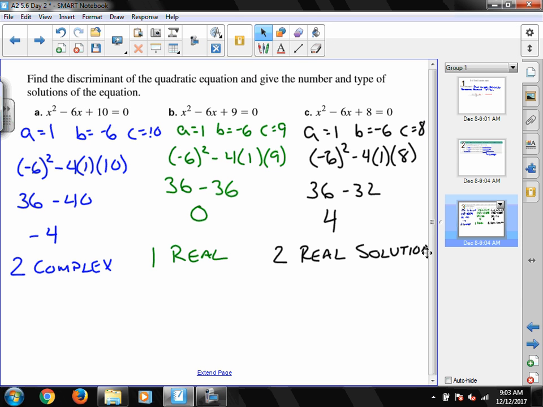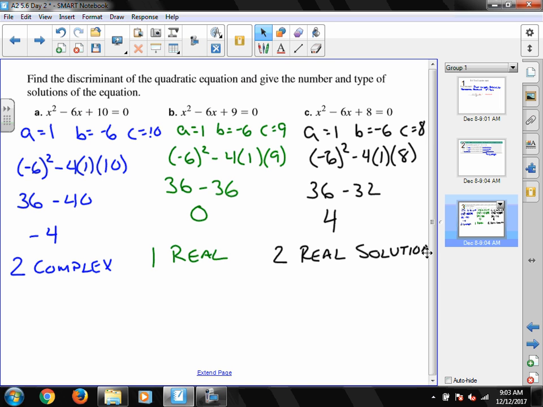So I take the square root of 4. I can add and subtract 2 from the same number, and I'm going to stay in the real number system. So that means I'm going to have 2 of them because I can add 2 and I can subtract 2 in that case. So that's really how I kind of think about these.